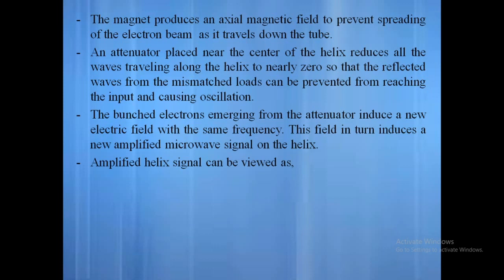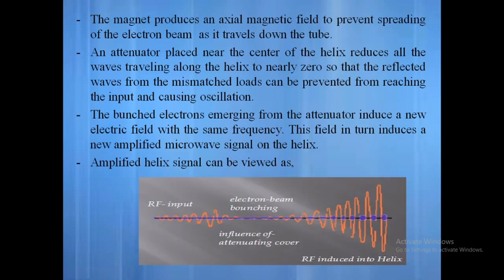The amplified helix signal can be viewed as follows. So this is the amplified helix signal. Means at the starting there will be an RF input which will be much less. So after the bunching process occurs, throughout the attenuator which is kept at the center, after the attenuator there is a chance of getting the amplification of the signal which is caused due to the bunching of electrons.